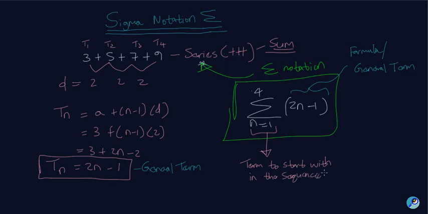So le formula lena siqale like uze sithola like n equals to 1 or 3. So siqale ku term 1. So kahle sasitshela ukuthi term 1. So it's a term to start with.